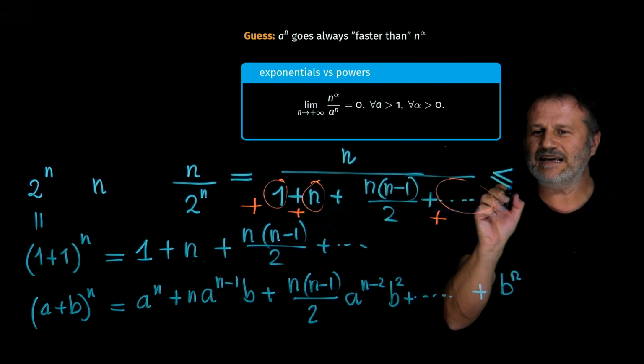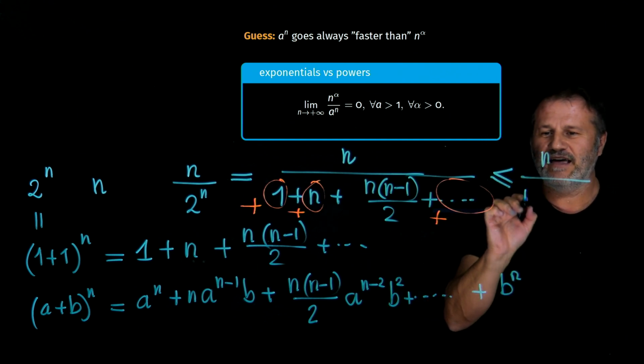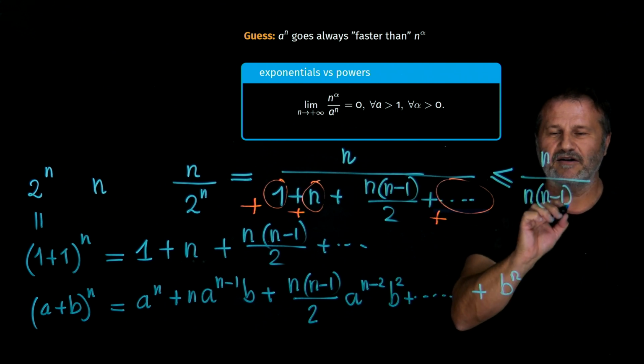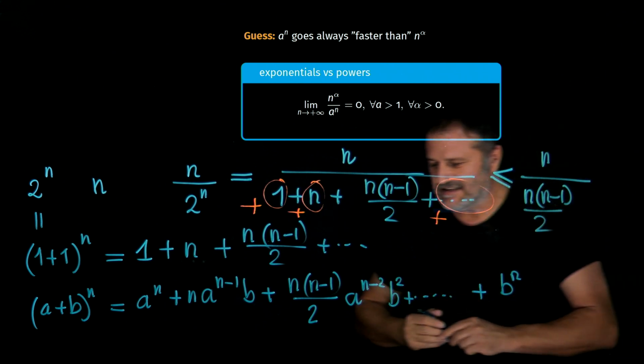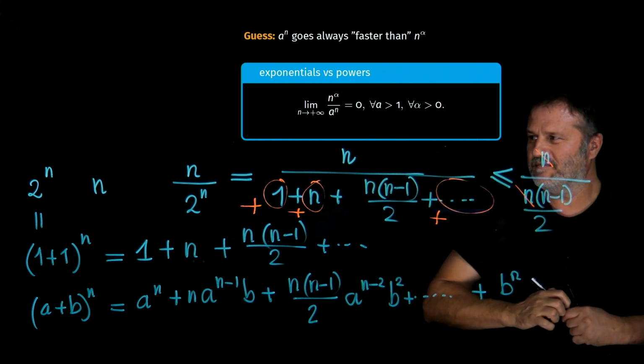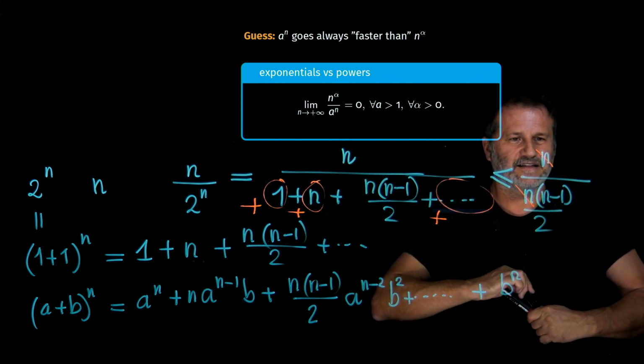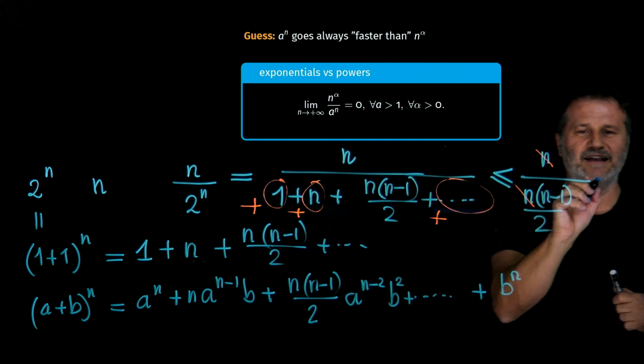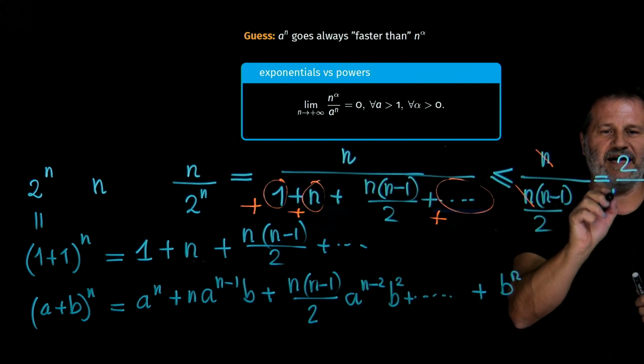So this will be less or equal than n over n times (n minus 1) over 2. We can simplify this n here, and what we obtain is that this is less or equal than 2 over n minus 1.